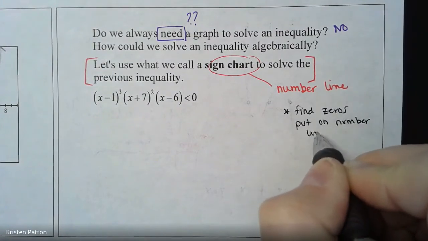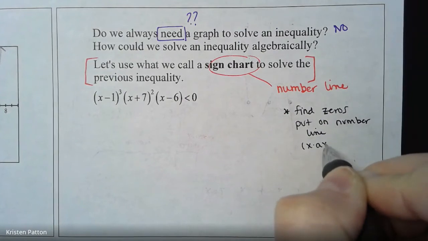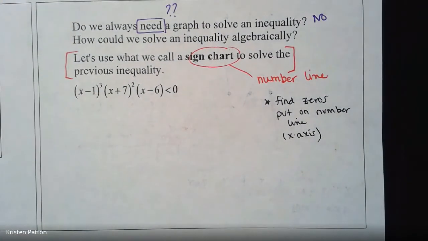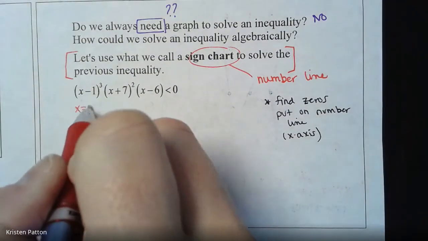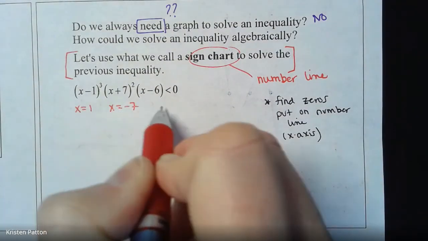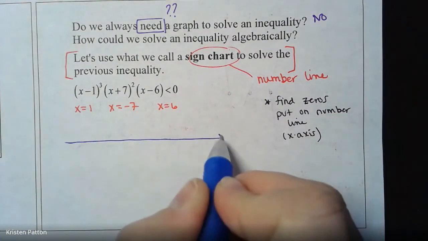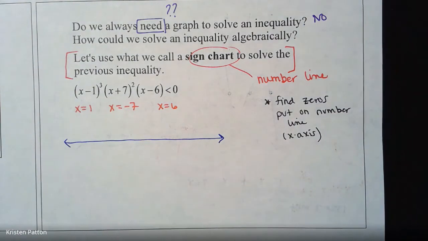And remember, the number line is really just the x-axis. All right, so we already have those zeros. They are at x equals 1, x equals -7, and x equals 6. Draw yourself a little x-axis. Don't put a million tick marks on it. Put 3 tick marks on it.